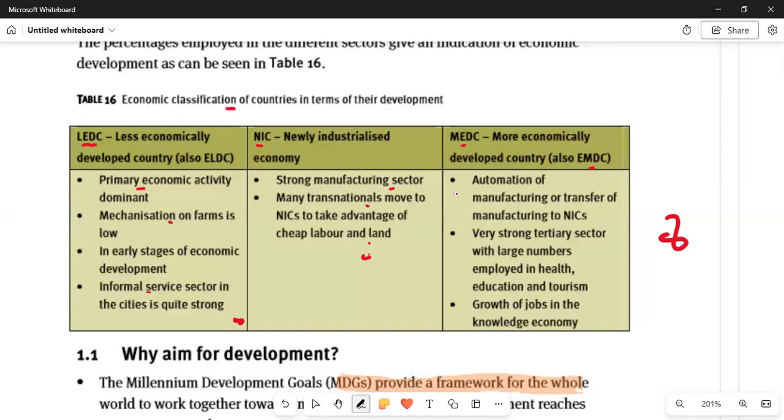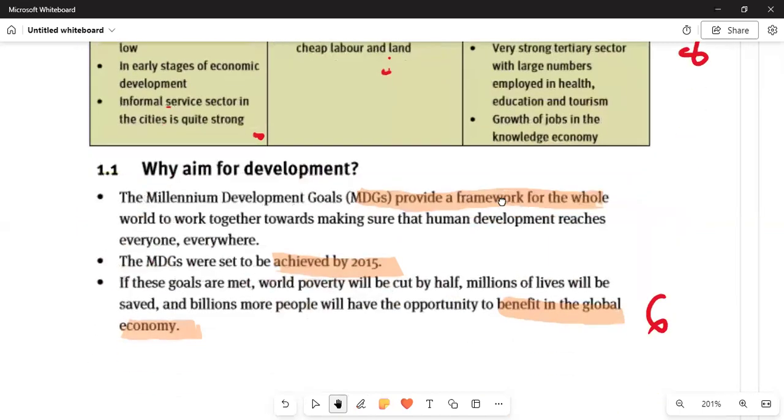So we are saying that there is automation of the manufacturing or transfer of the manufacturing to the NICs, and there is a very strong tertiary sector with a large number employed in health, education, and tourism. And then it can be a maximum now of 6 marks if we are to understand this concept very well.